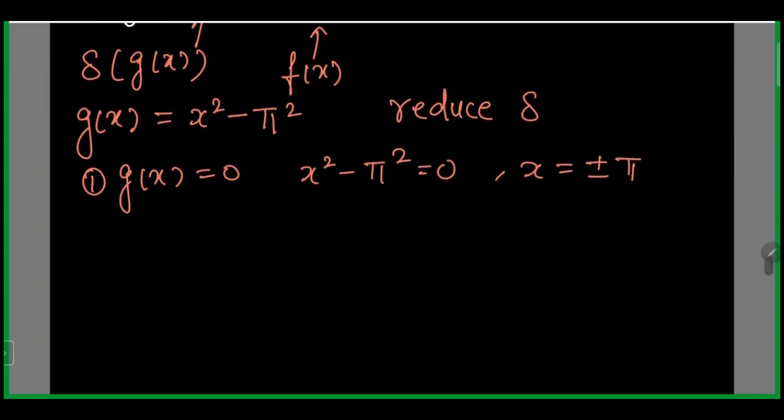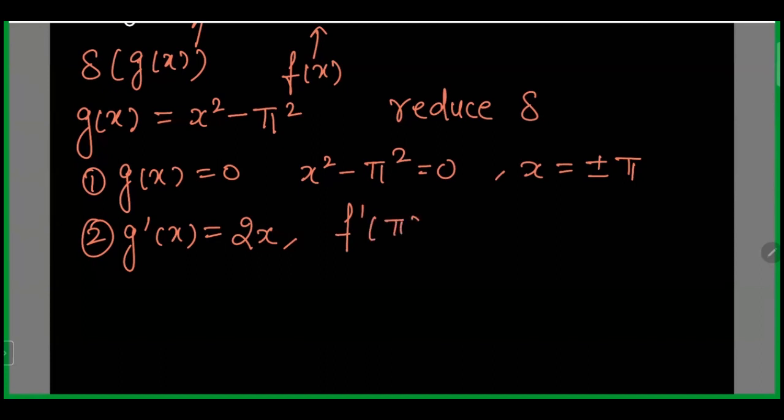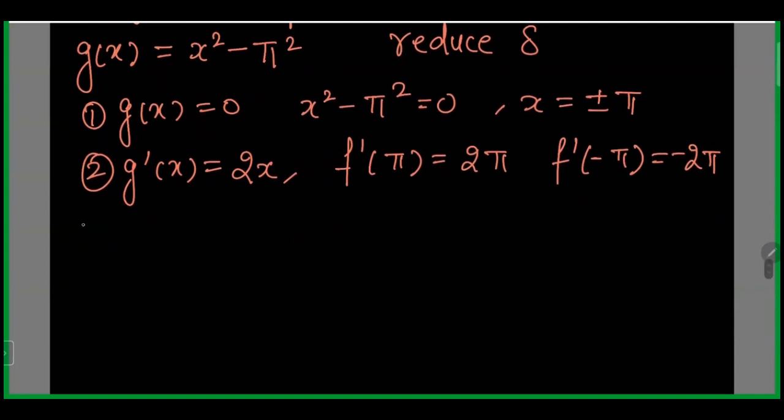What is my step number two? Find g dash x. If I find g dash x, I will get 2x. Now put in the value of your roots. If I put x equals plus pi, I will get 2 pi. And if I put x equals minus pi, I will get minus 2 pi. Very nice. Then how can I write delta of x square minus pi square?